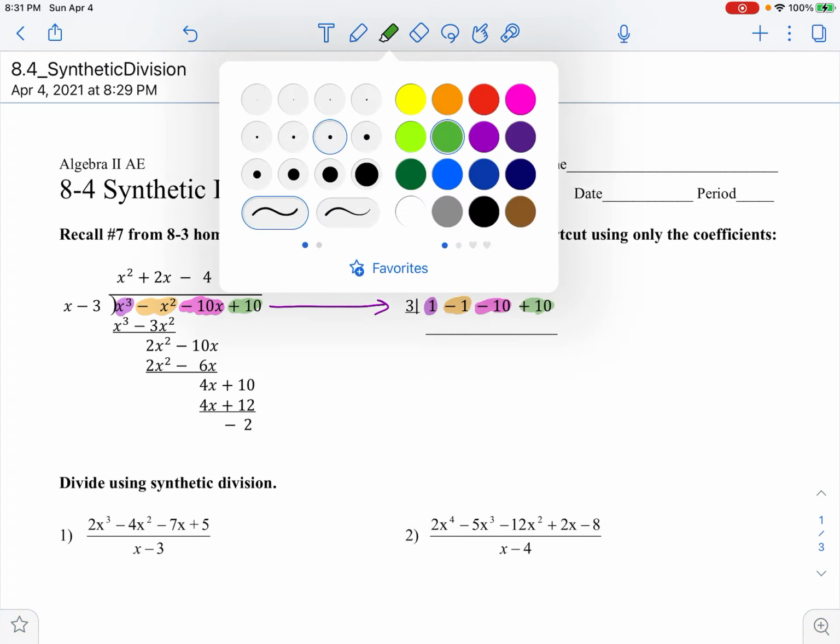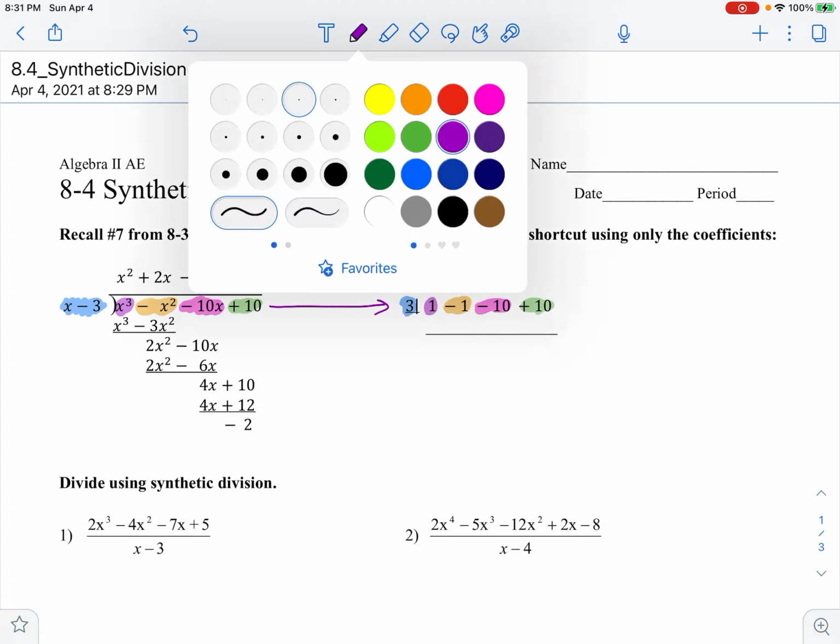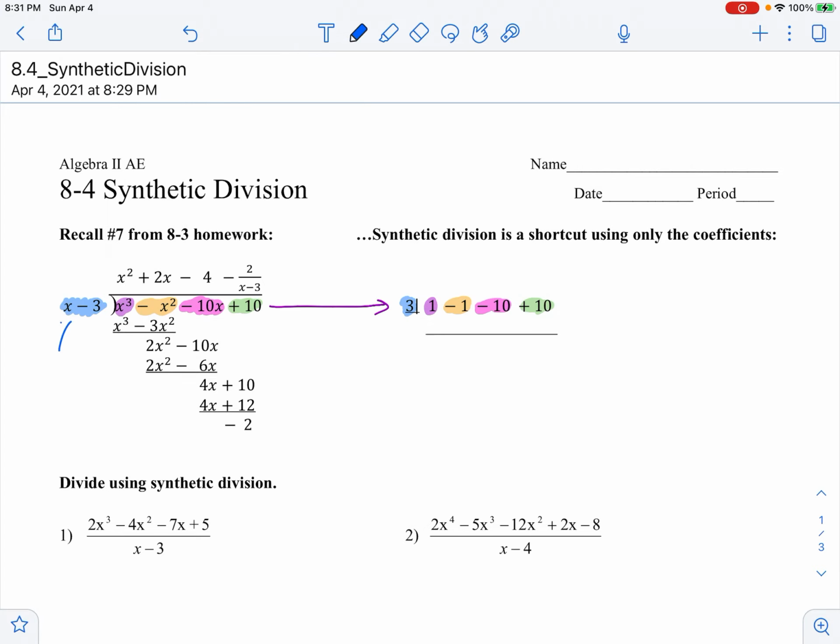But you may have noticed that this 3 is different than our x minus 3. What we have to do is take our divisor here and set it equal to 0. What is the answer when we set this equal to 0? Well, our root would be 3.